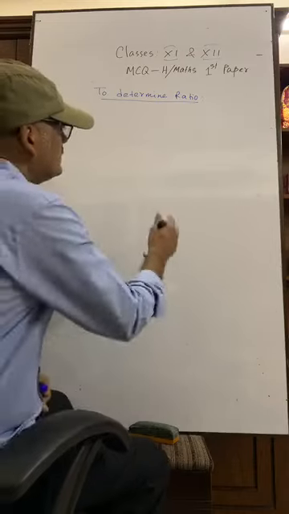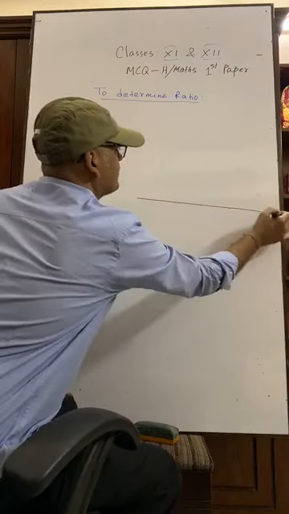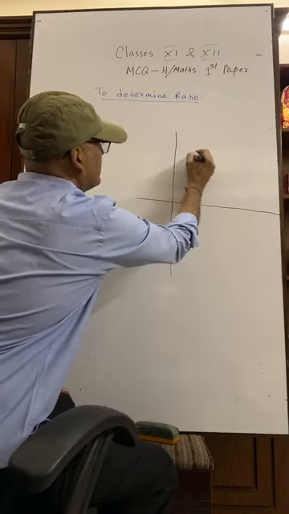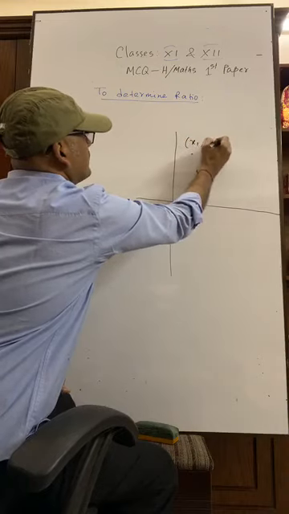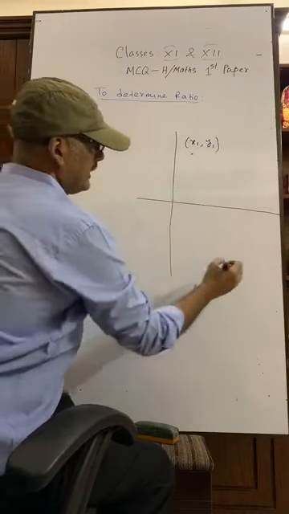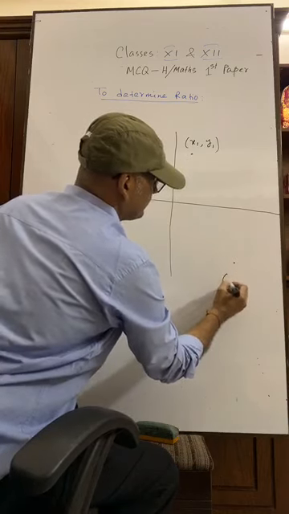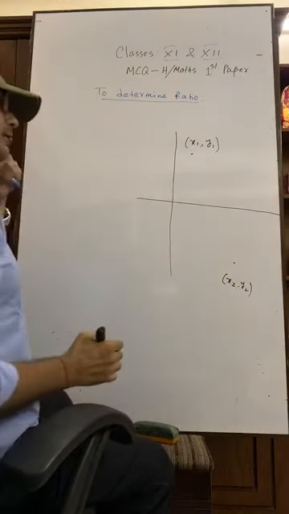Suppose this is a point x1, y1, and this is another point x2, y2.